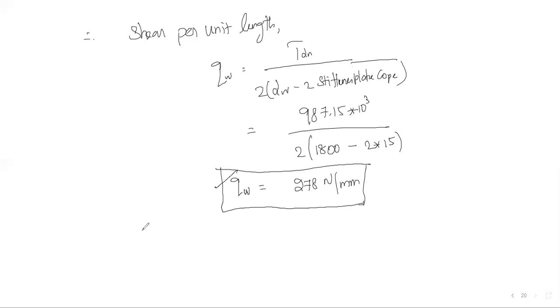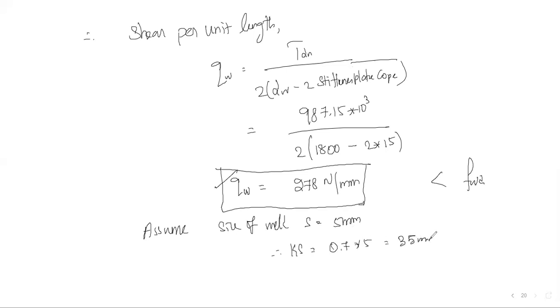So now I'm going to have the weld. The strength of weld we are going to calculate. If Qw is less than Fwd, the strength of weld, then the section can transmit the shear safely. That we are going to calculate. So assume size of weld s is equal to 5 mm. Therefore, Ks is equal to 0.7 into 5. It becomes 3.5 mm.